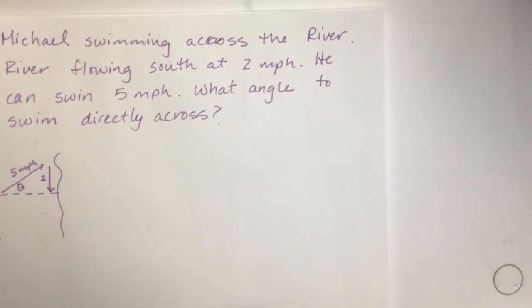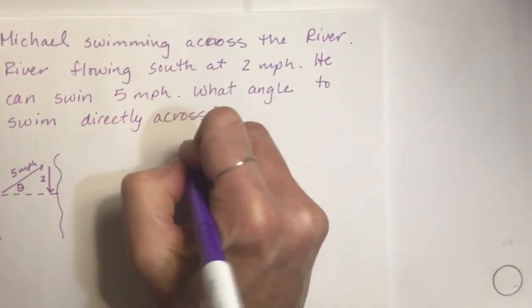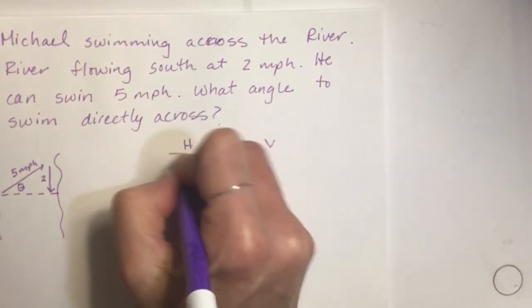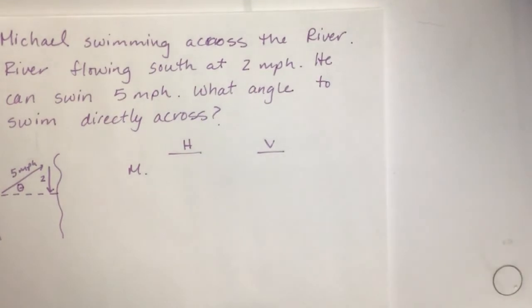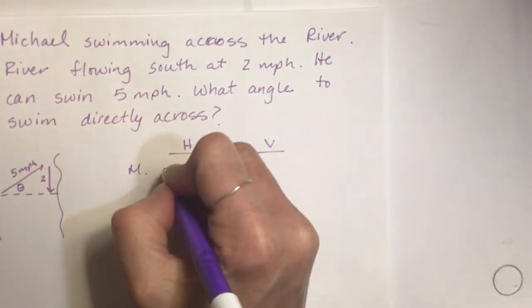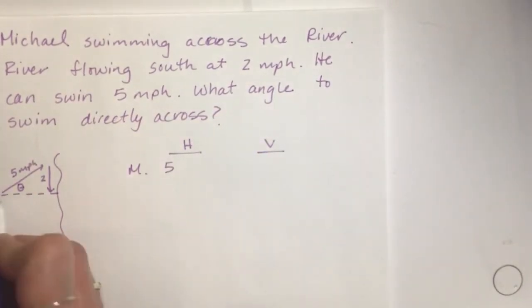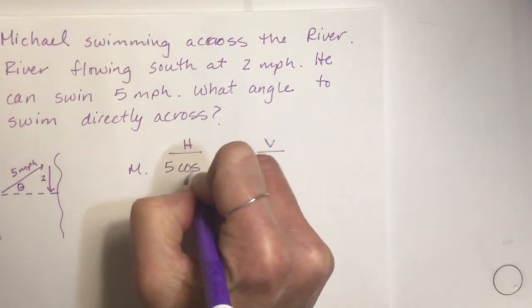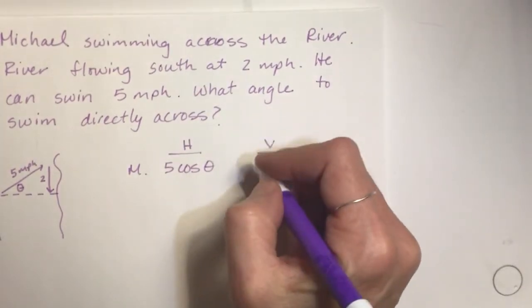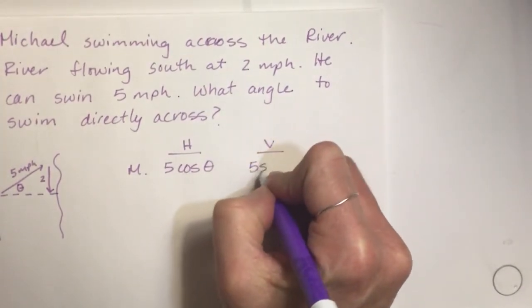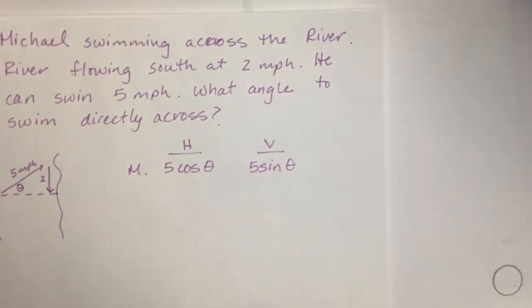So we've got to do exactly what we always do. We're going to split it up into horizontal and vertical components. For Michael, we have 5, and the horizontal is cosine, and we don't know our angle, so we leave that as theta. The vertical component for Michael is 5 sine theta.